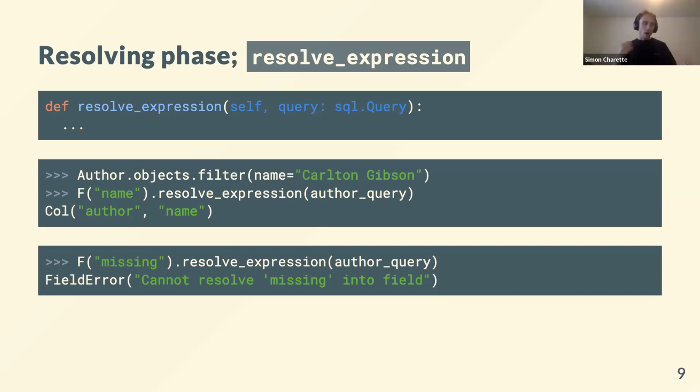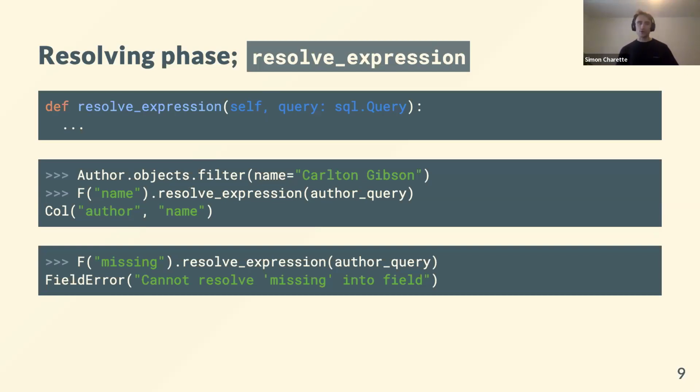And all of this logic happens through a method called resolve_expression. Each component or abstraction that can be passed to the ORM and is able to resolve columns and literal values has a method on it called resolve_expression.